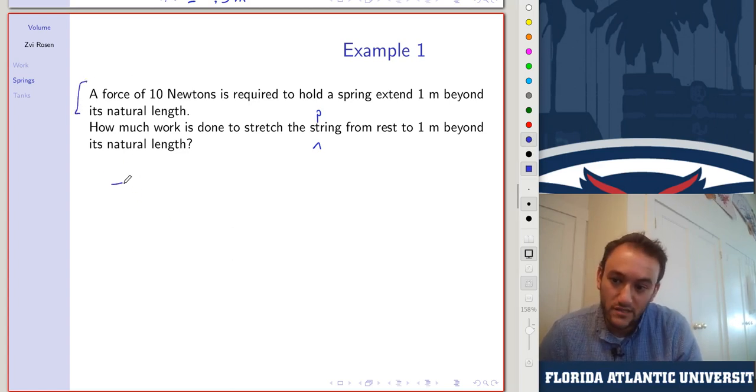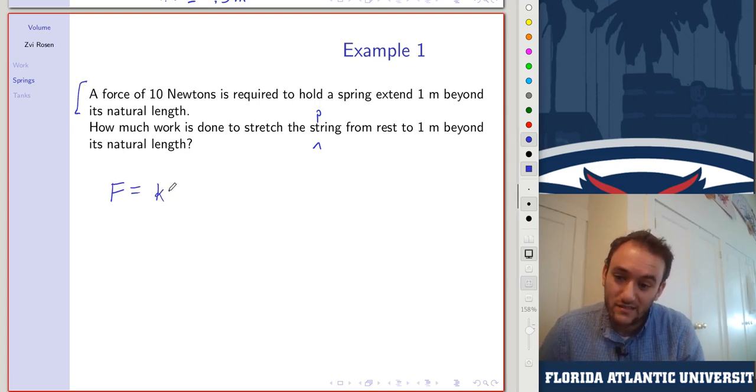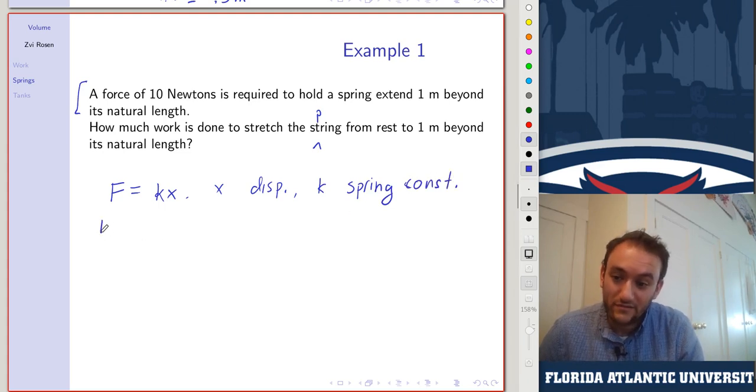So we know that the force opposing a spring will be equal to kx, where x is displacement and k is the spring constant. So in our context, we have 10 newtons equals k times 1 meter.